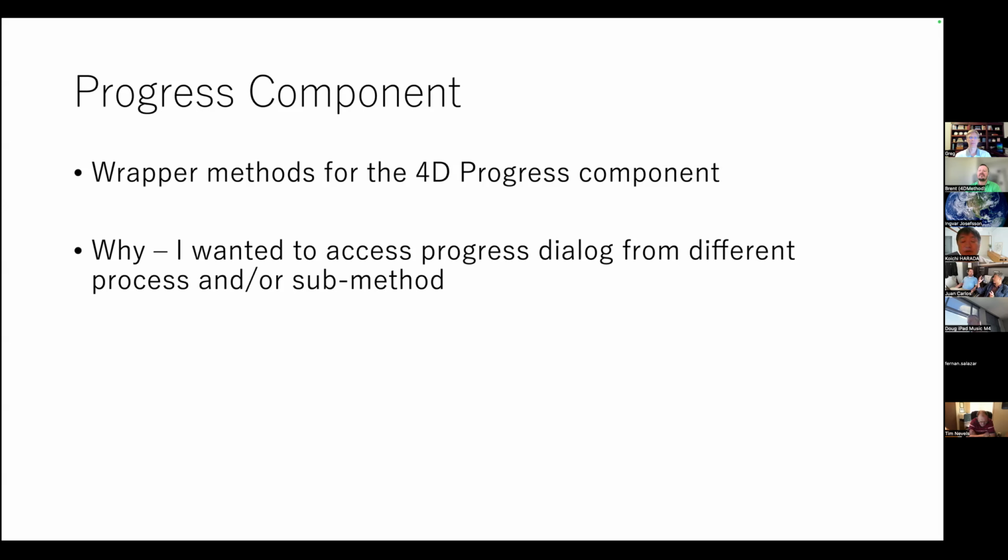I wanted to show the progress state in both the parent method and the child method. I could have added and removed progress dialogues for each task, but I didn't want to do that because the dialogues appearing and disappearing would distract the user. So I wanted the parent method to show the progress dialog and update the content within the sub-method.